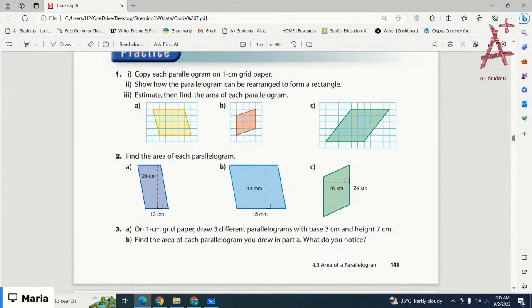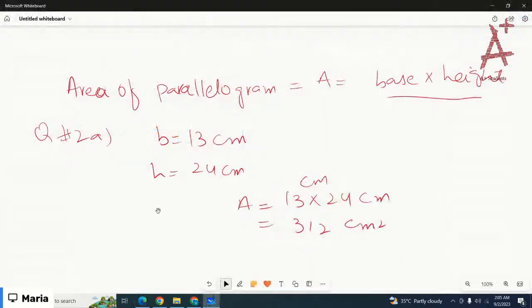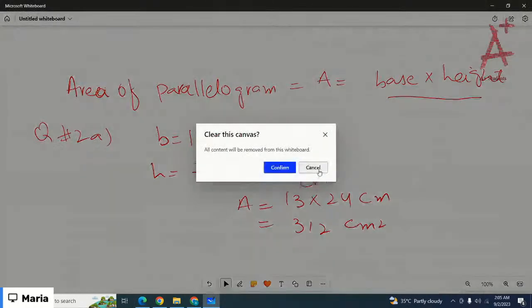Okay, let's start with question number 3A. On a 1 centimeter grid paper, draw three different parallelograms with base 3 centimeter and height 7 centimeter. Find the area of each parallelogram you drew in part A. What do you notice? Okay, you have to draw three different parallelograms, right? So you can make three different parallelograms like this.